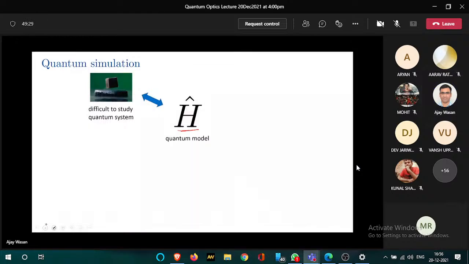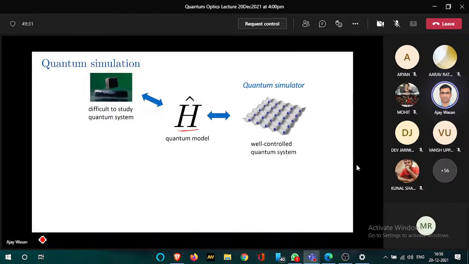So theoretically I'm talking, and then for the quantum simulator, whatever I'm showing here, we trap the atoms. Here each atom is trapped in a uniform way. Nowadays atoms can be trapped in whatever way you want.